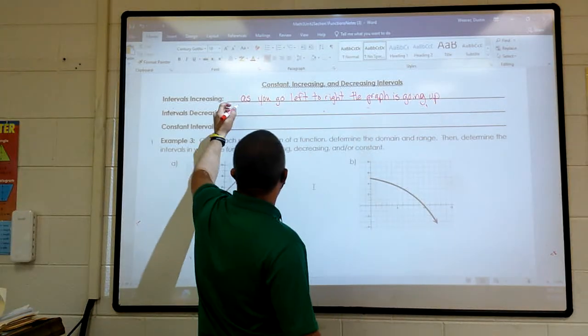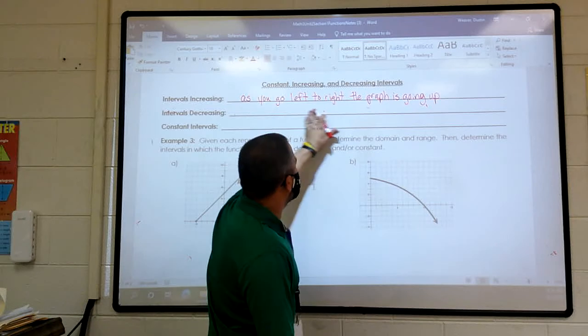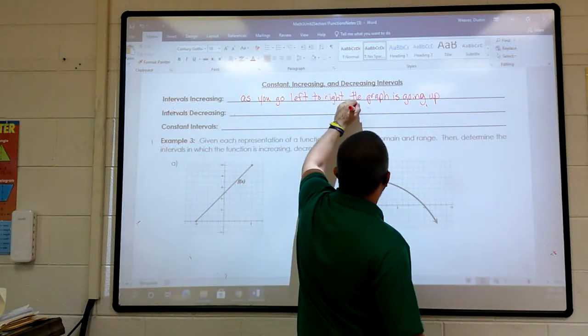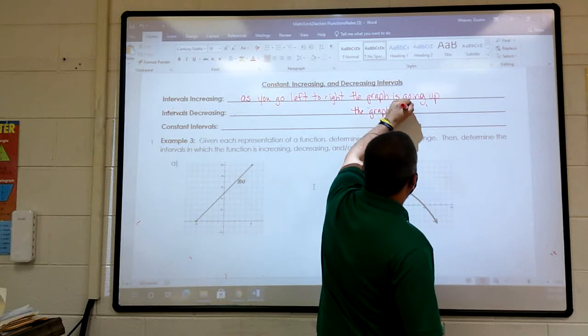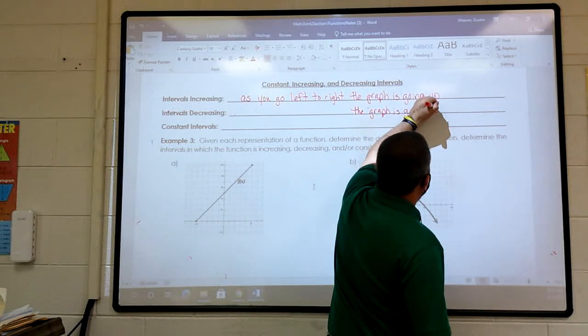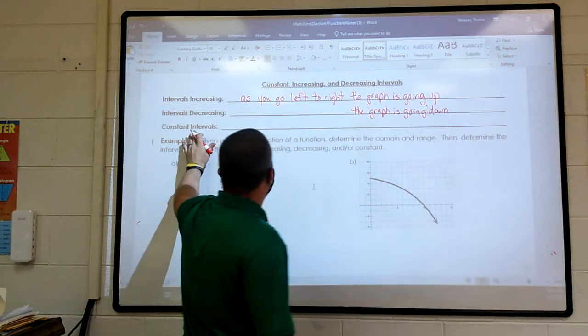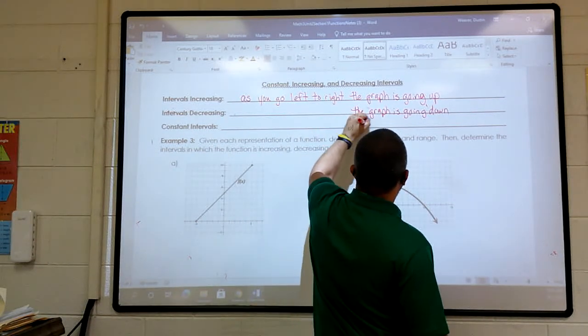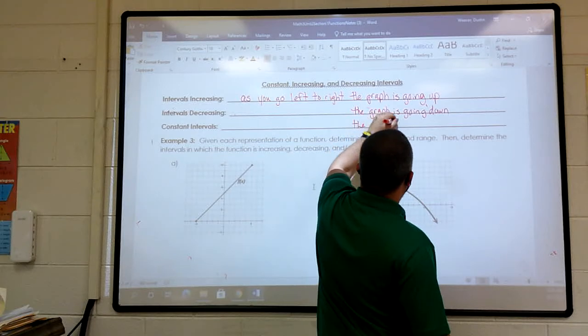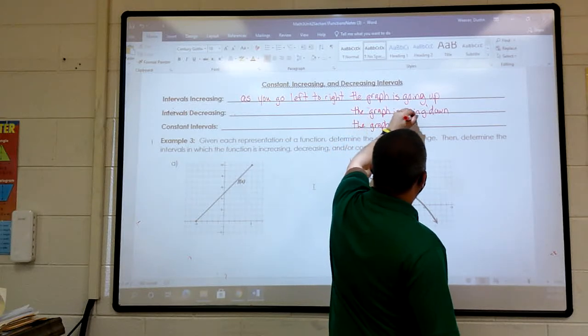An interval that's decreasing is the same thing. As you go left to right, the graph is going down. And then an interval that's constant means as you're going left to right, the graph stays the same.